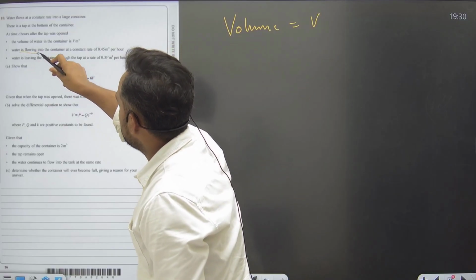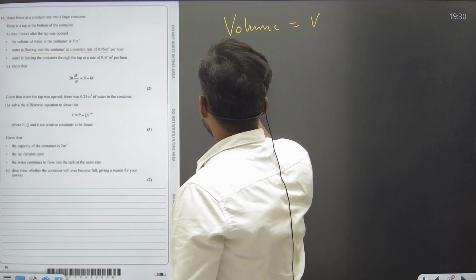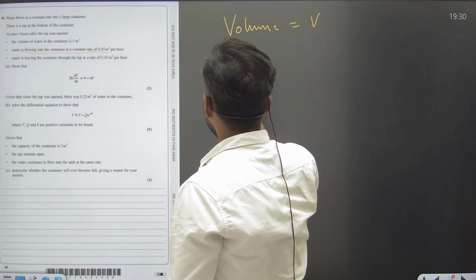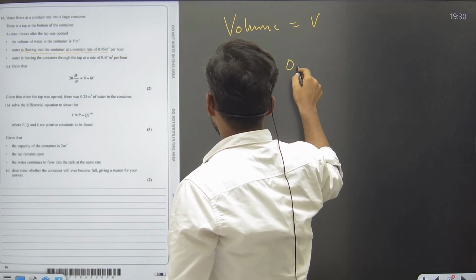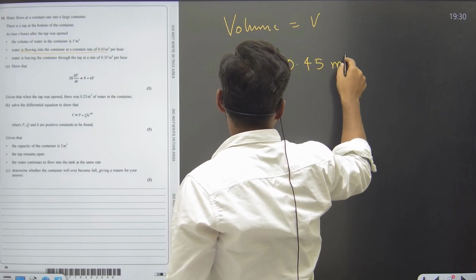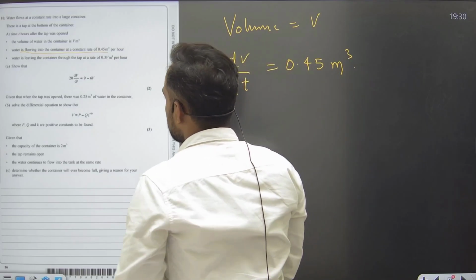Water is flowing into the container at a constant rate, so dV by dt here is 0.45 meter cube. It is given in the question.